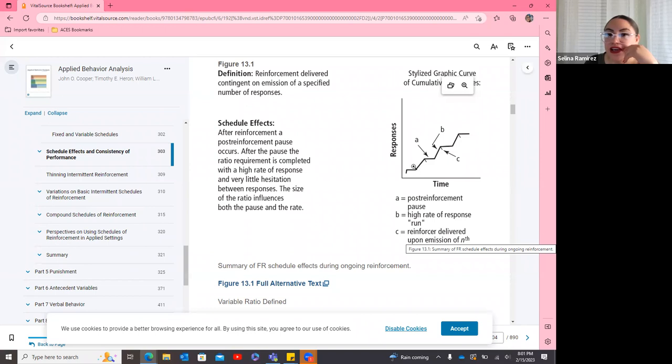So with the FRs, we see that they're responding quickly. They're running to their reinforcement because they know it's coming right away. So that's the high rate of response with a small post-reinforcement pause, because they know their reinforcement is coming quickly.